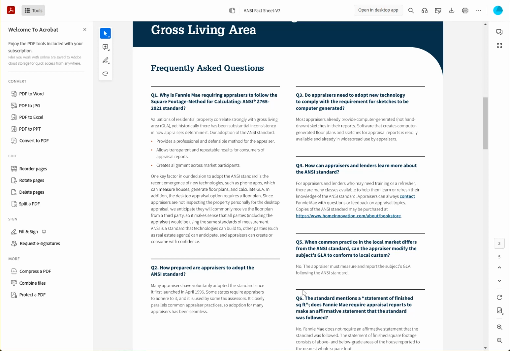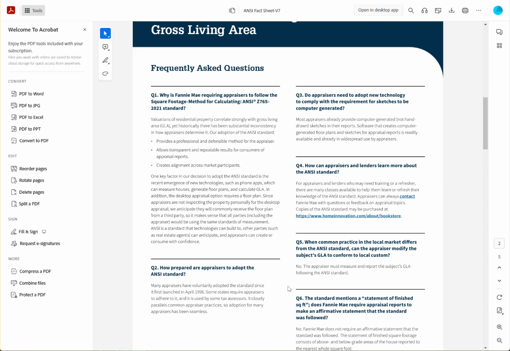So it makes sense that all parties, including the appraiser, would be using the same standard of measurement. ANSI is a standard that technologies can build to, other parties, such as real estate agents, can anticipate, and appraisers can create or consume with confidence.